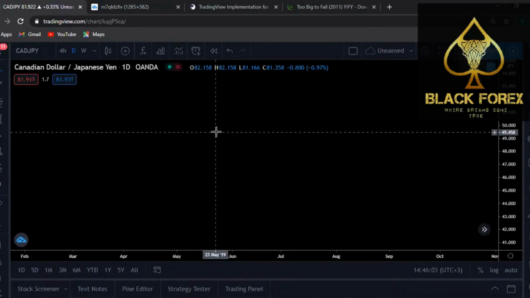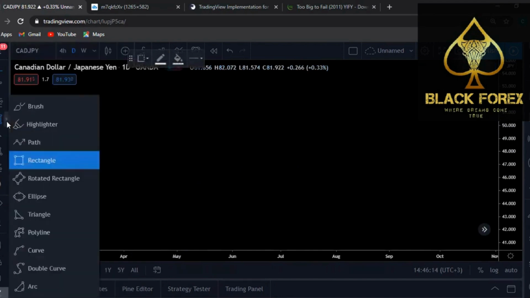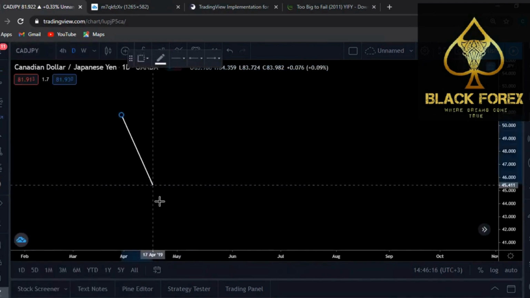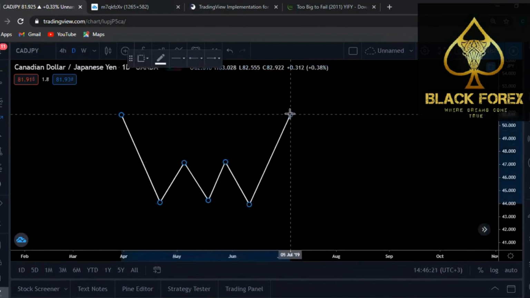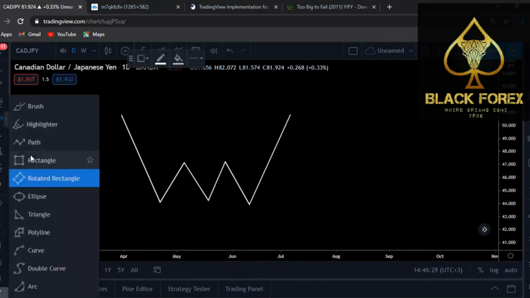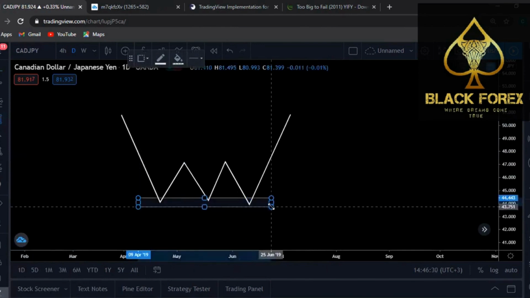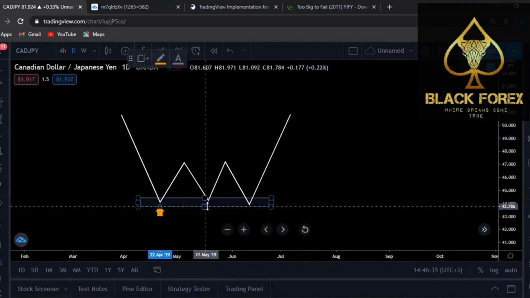So today's pattern that we're going to look at is a triple bottom pattern. Now this pattern, its psychology is that it's a pattern that has three bottoms, meaning that it touches a significant market structure 3 times before actually bouncing off and continuing with the move.